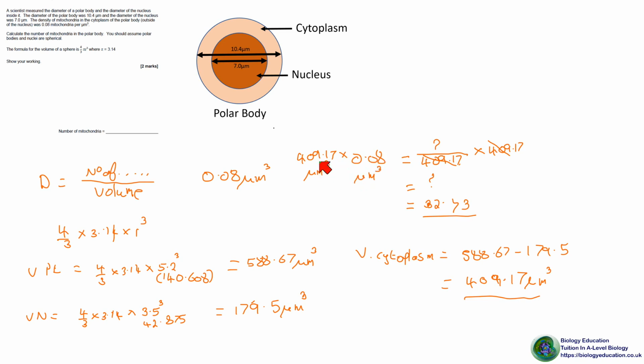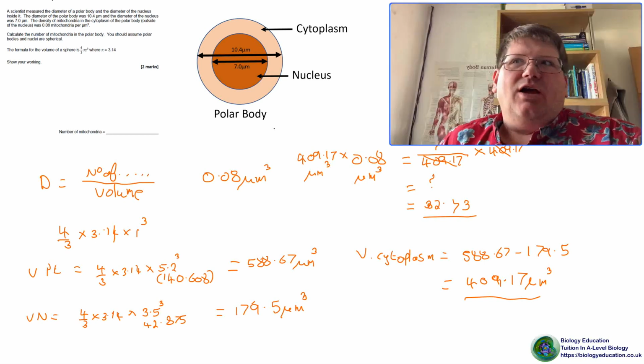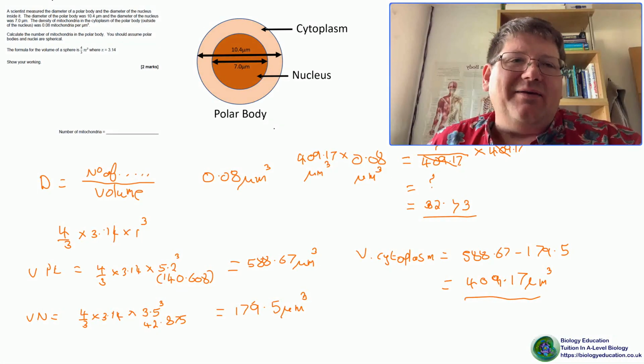When you multiply, those units cancel out, and that's why we get an answer with no units. Basically it's just the number of mitochondria. Hopefully that is something that you understand. So that's the calculation done.